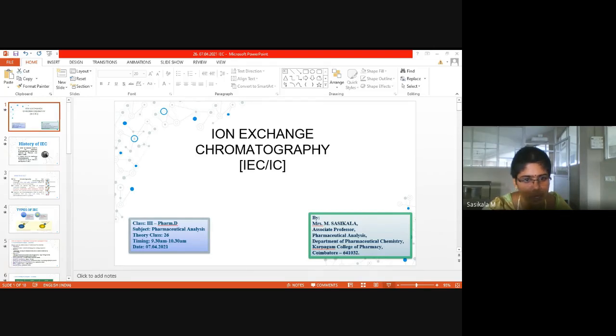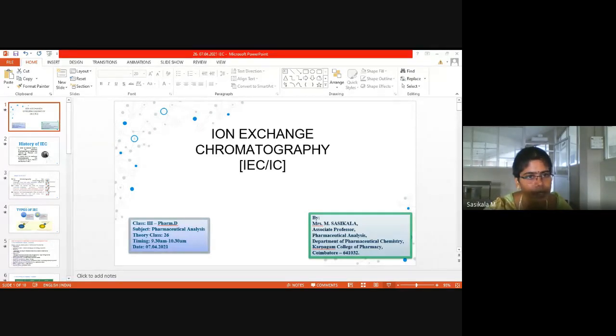The modern ion exchange chromatography was introduced by three scientists, Small, Stevens and Bowman, in 1975. This is about the history.